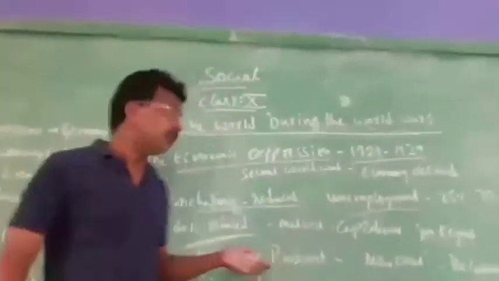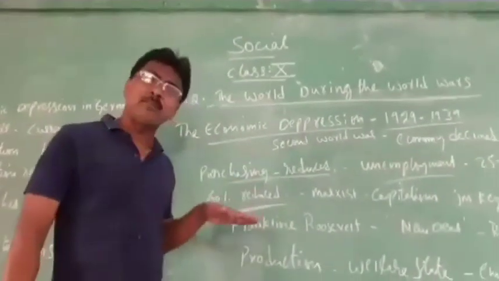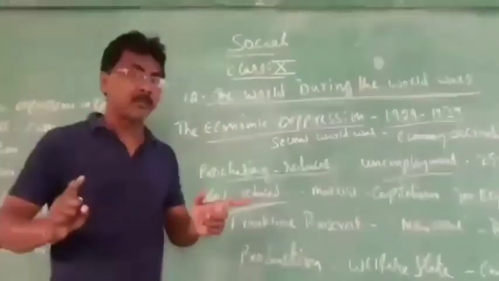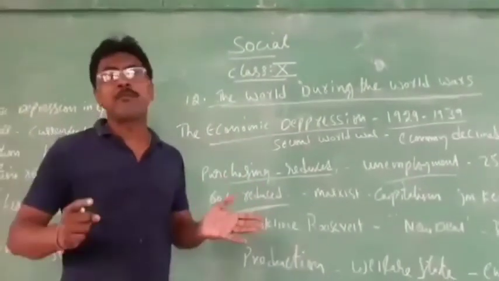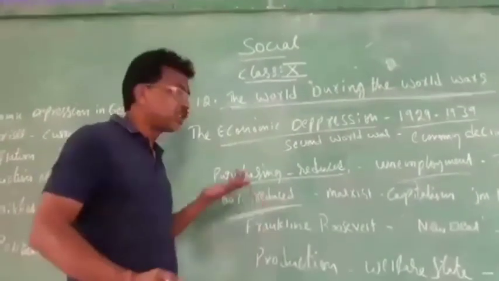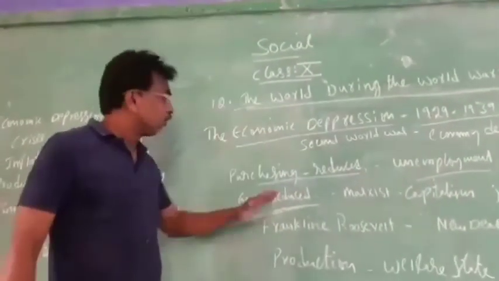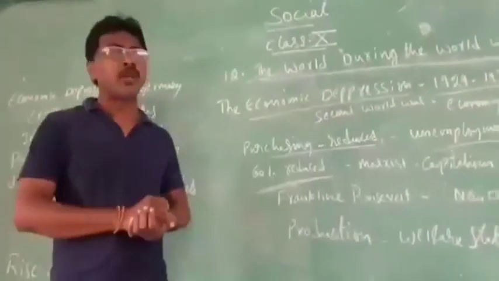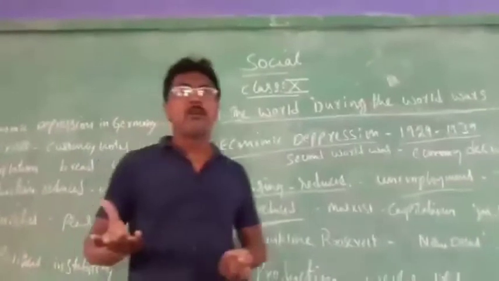But even though they reduced the prices of the products by 60%, products like bread or dresses or wheat or vegetables, nobody is purchasing the goods. Why? Because there is no money.